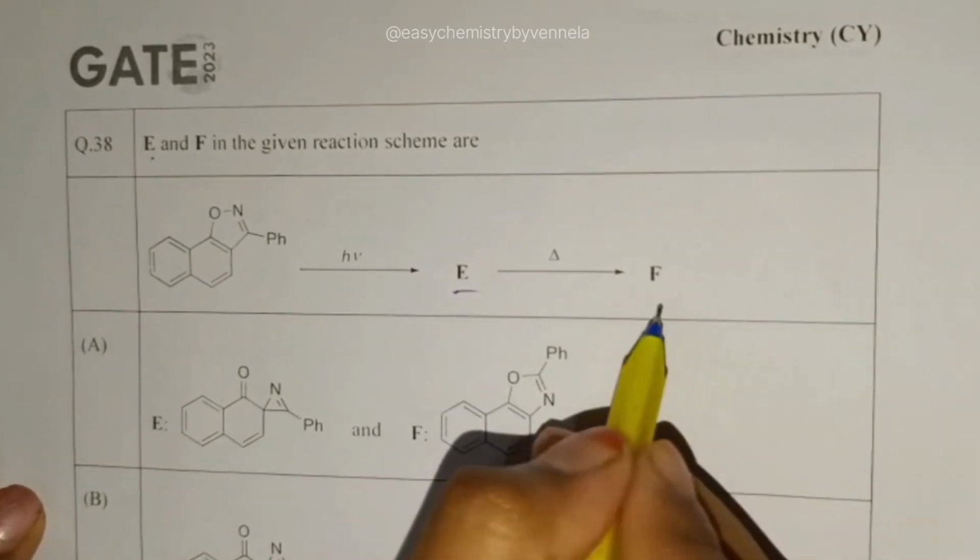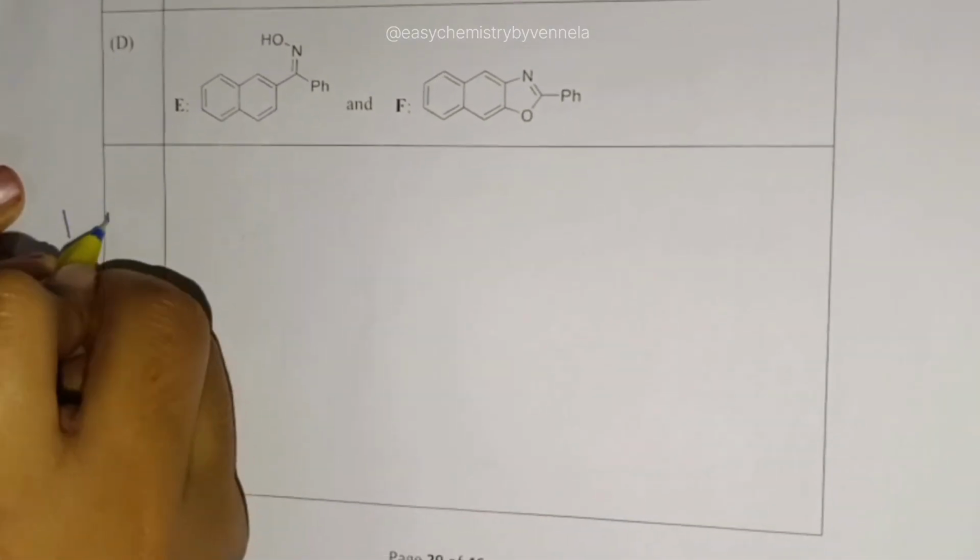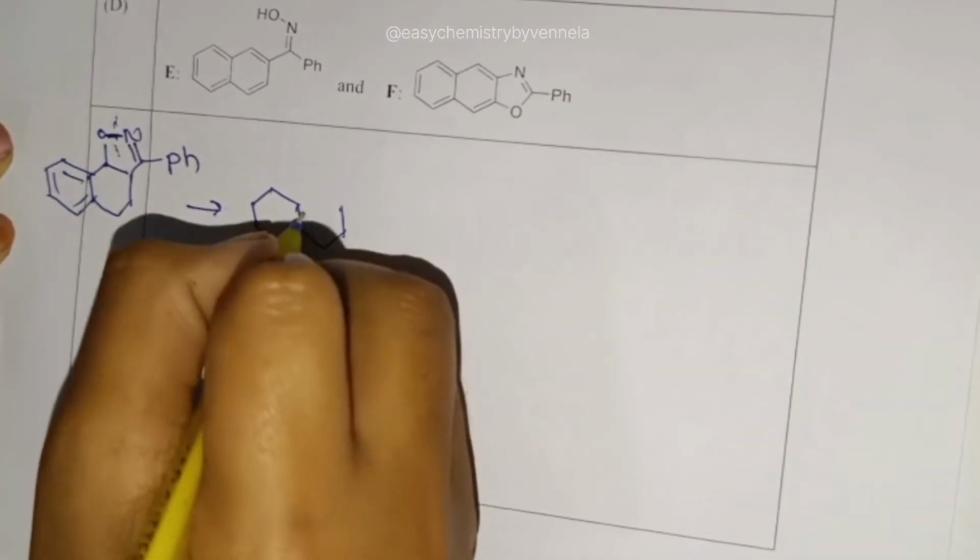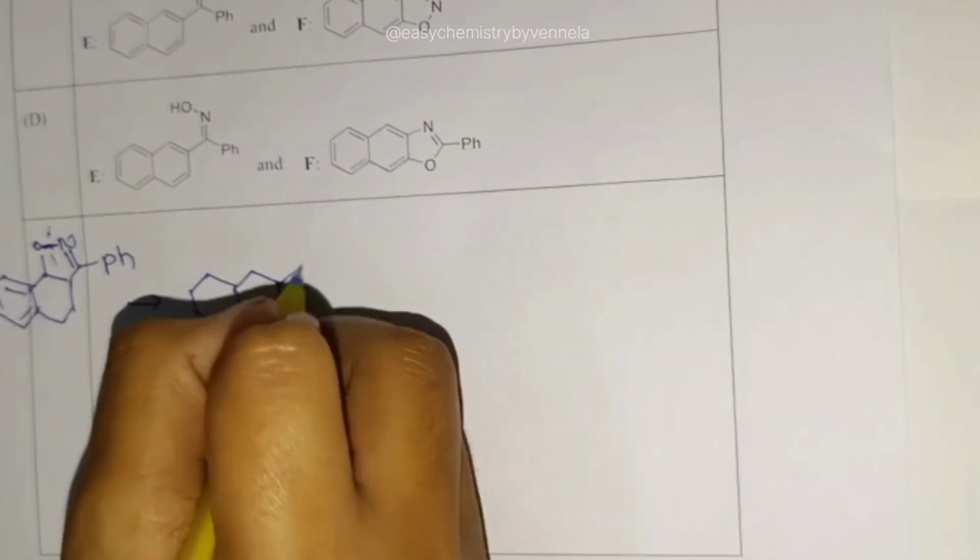Here you have to find E and F. So here this bond is a weak bond, so break here. Here oxygen.